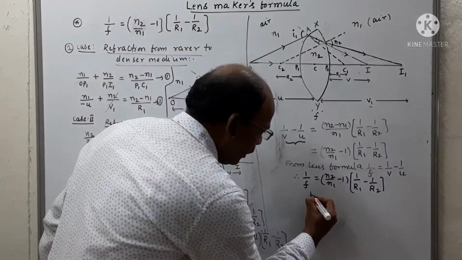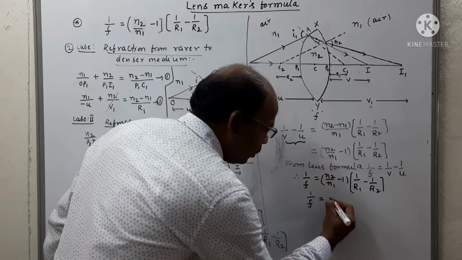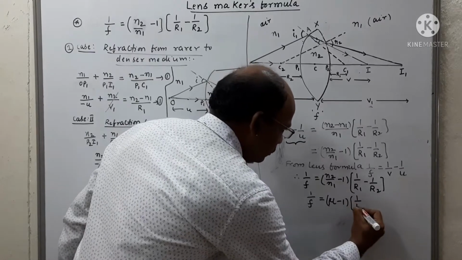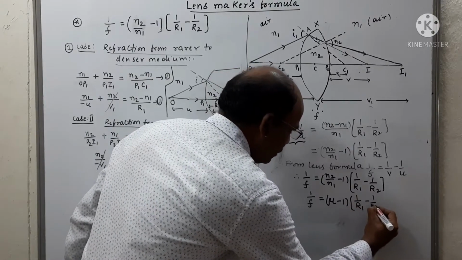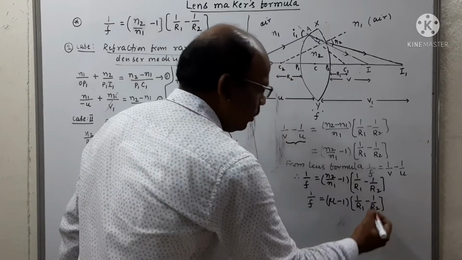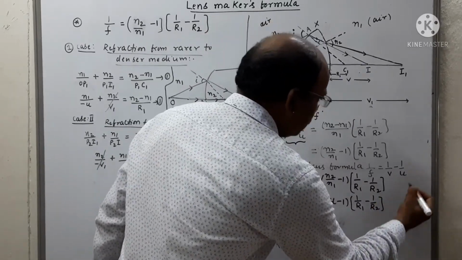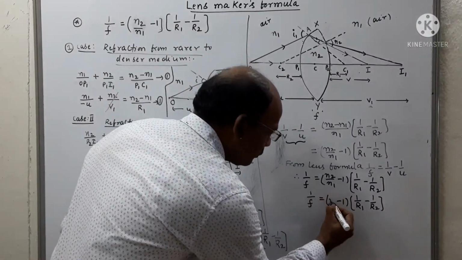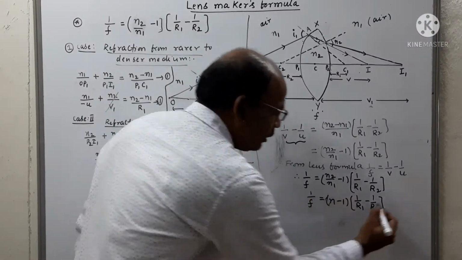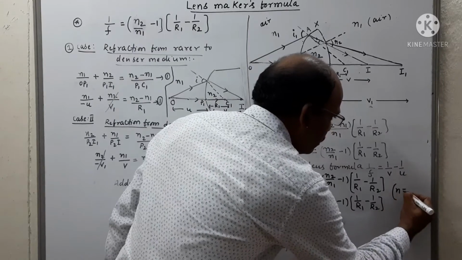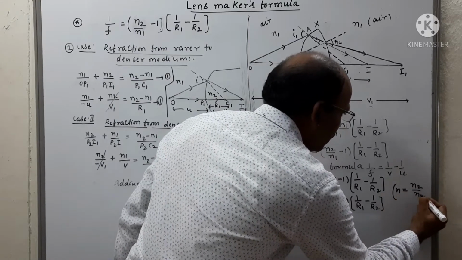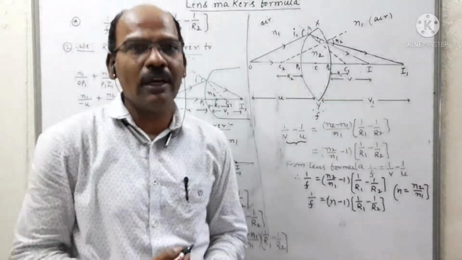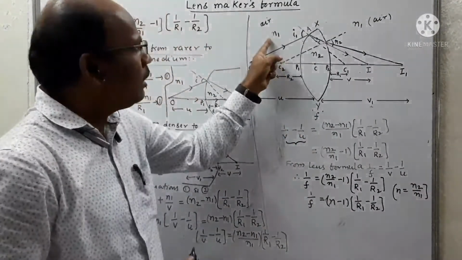So this can be written as 1 by F is equal to (mu minus 1) into (1 by R1 minus 1 by R2), where n is equal to n2 by n1, the refractive index of the given convex lens or glass with respect to the air medium.